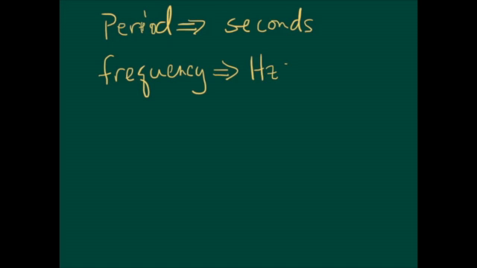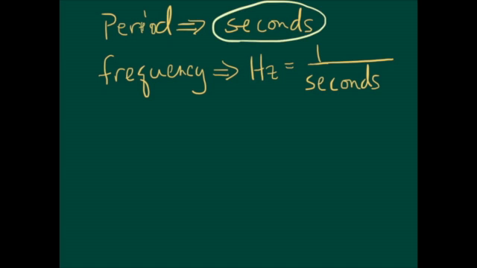I mentioned that period and frequency are very similar. Let's examine the relationship between the two. Period is measured in seconds, and frequency was measured in hertz, which is 1 over seconds. So by looking at the units for each of these quantities, we can see that they are extremely similar.